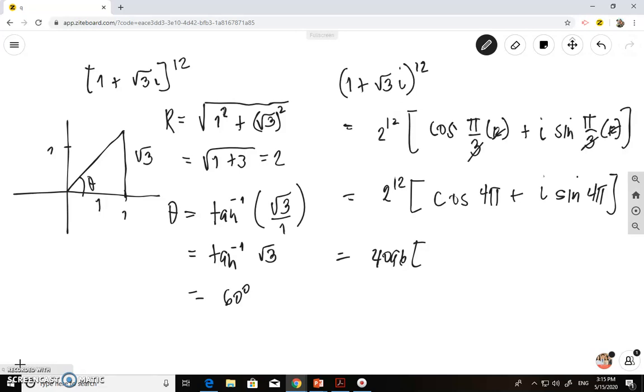So cosine 720 is equal to 1. What is sine 720? Sine 720 is equal to 0. So therefore, the value of A now is equal to 4,096, and our B is equal to 0.